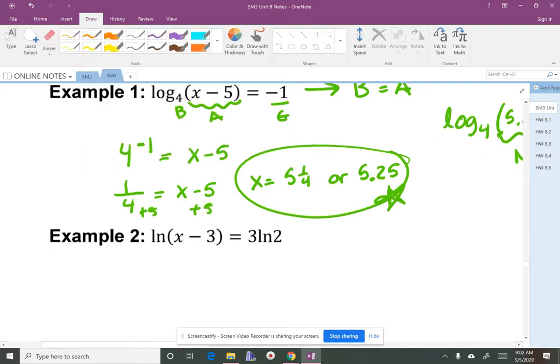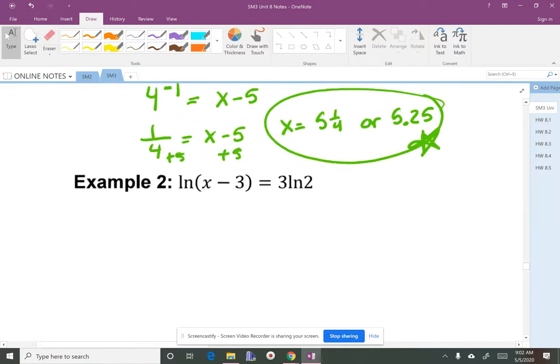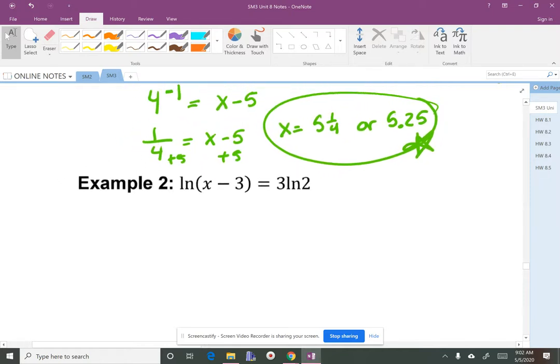Let's do orange. Whoa. How do we solve this when there are 2 logs? Well, a couple of things.